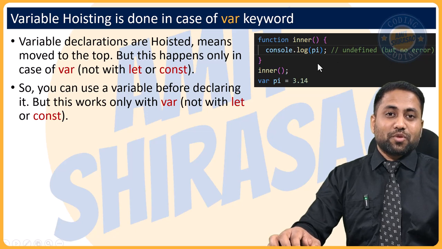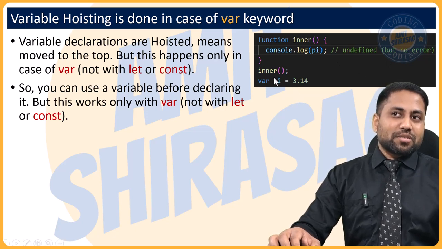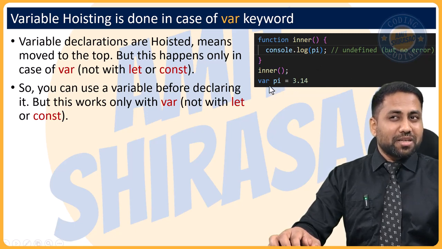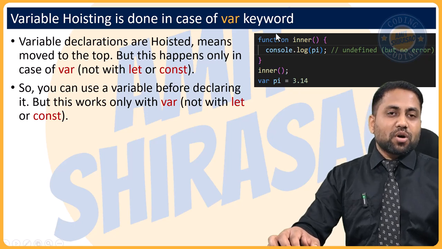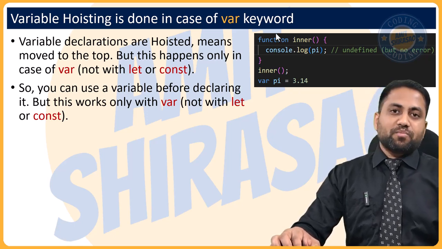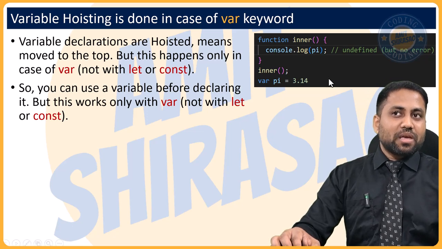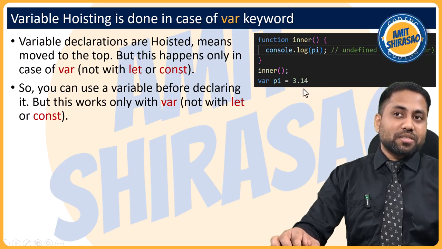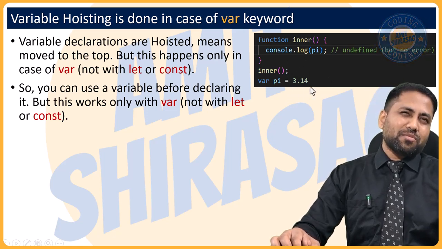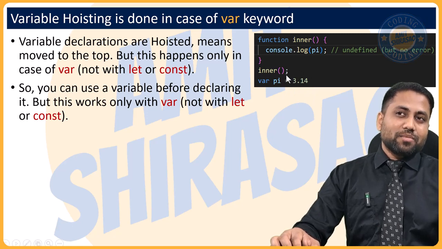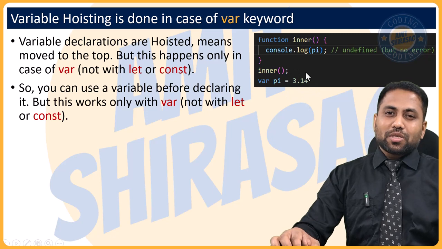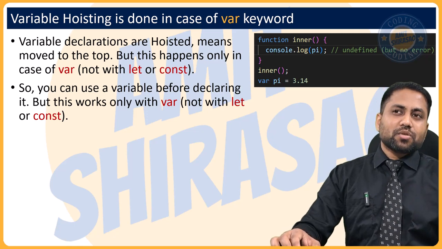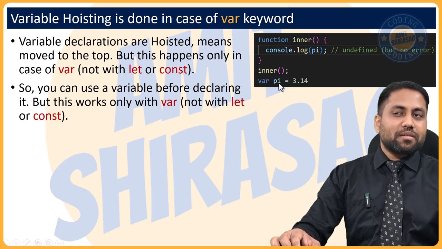Declarations, meaning the line var pi, only variable pi, not equal to 3.14, always get hoisted to the top of the JavaScript file. But initialization, meaning assigning a value, is not hoisted. Assignments are not hoisted. Only the declaration part gets hoisted.